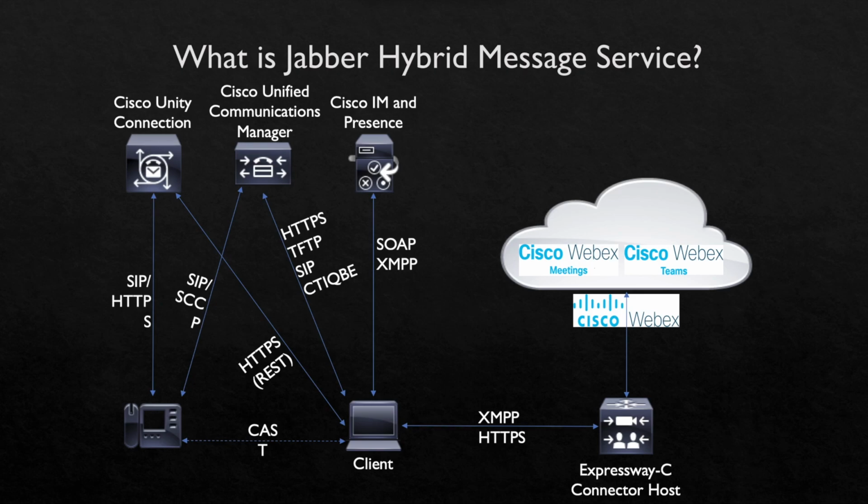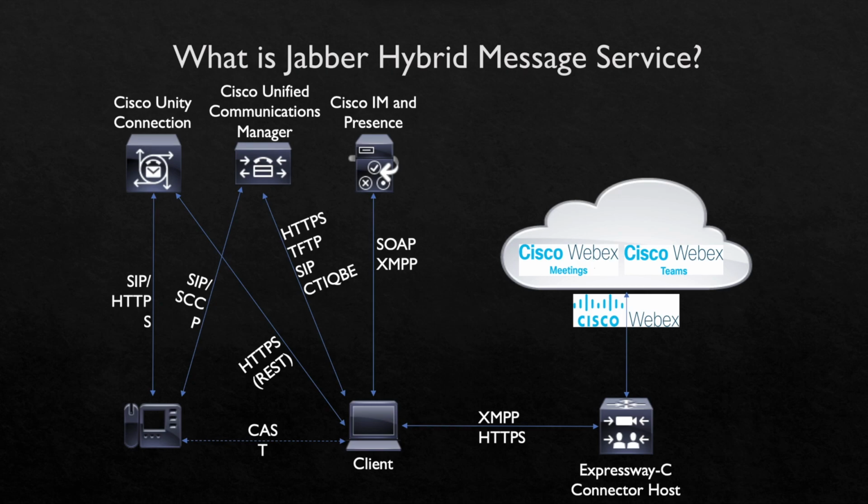So sometimes it's hard to keep track of what's coming down the pipe and what's already been released. But I believe as of right now, hybrid message service does support both one-on-one chat messaging with this solution and group chat messaging.